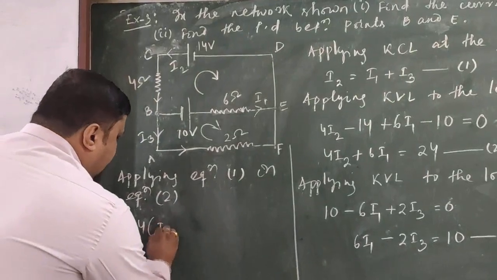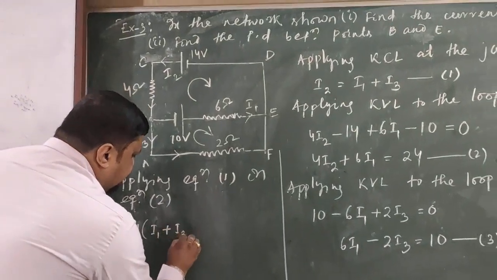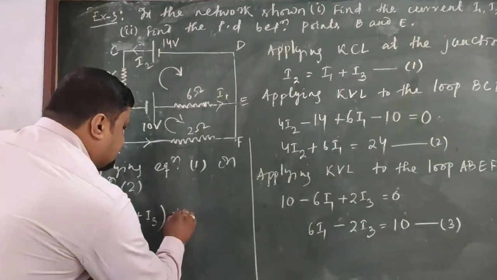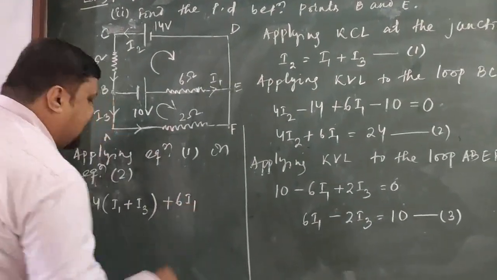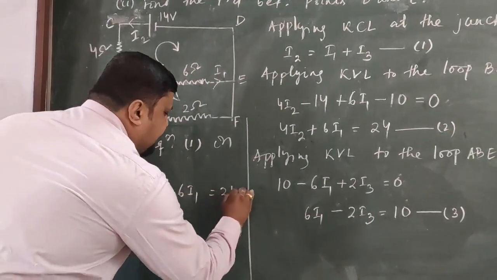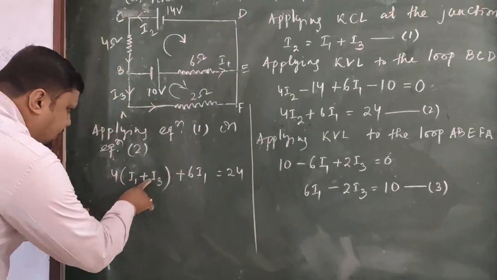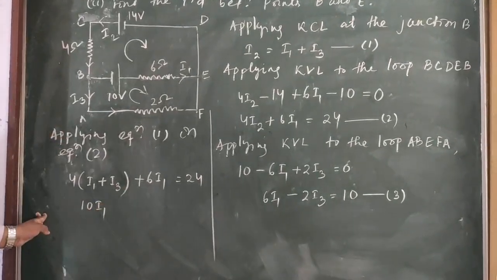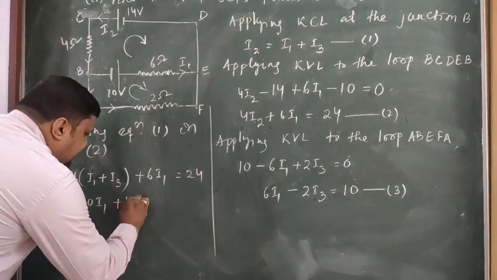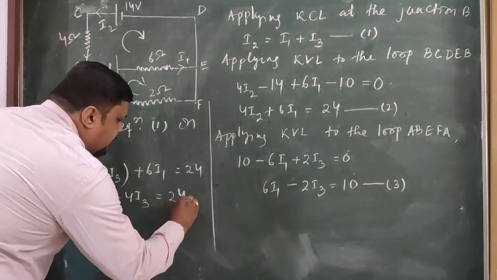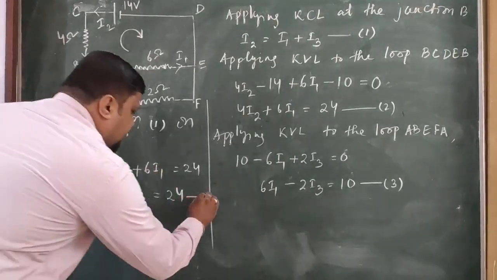So 4 times (I1 plus I3) plus 6 I1 is equal to 24. So 4 I1 plus 6 I1, 10 I1 plus 4 I3 is equal to 24. This is equation number, suppose, 4.